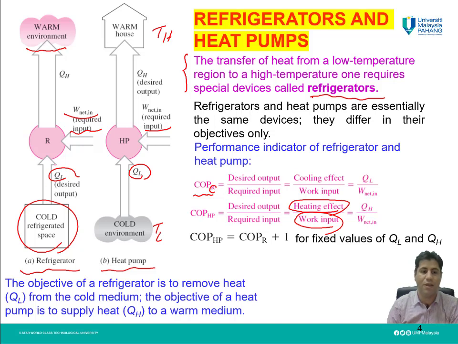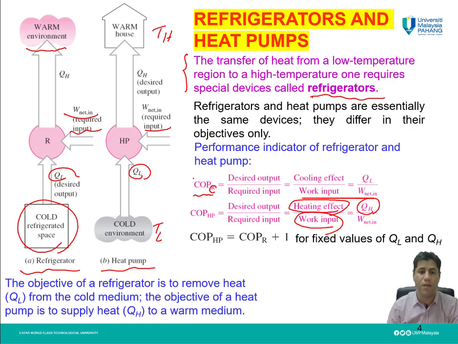QL is the heat or thermal energy absorbed from the refrigerator space. And for the heat pump, the heating effect means QH, the amount of heat transferred to the warm house, divided by W net in.